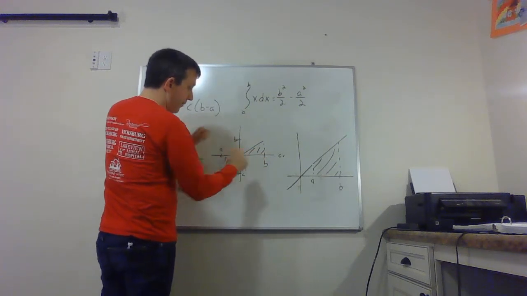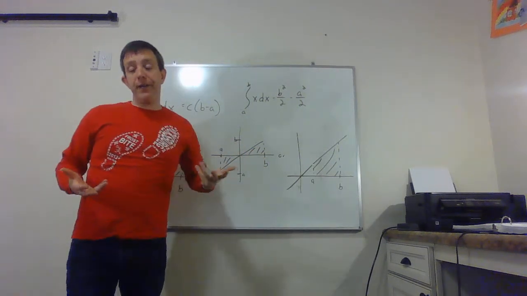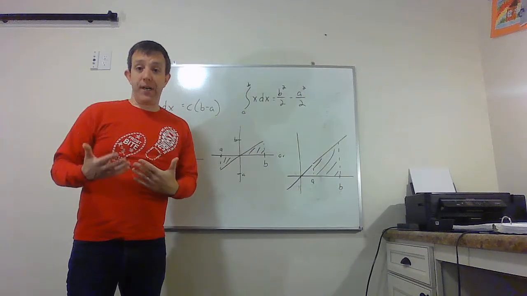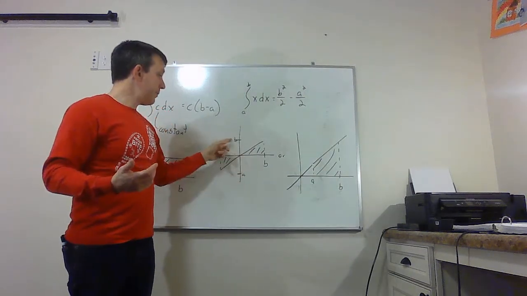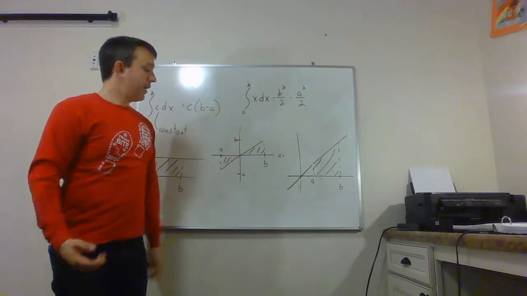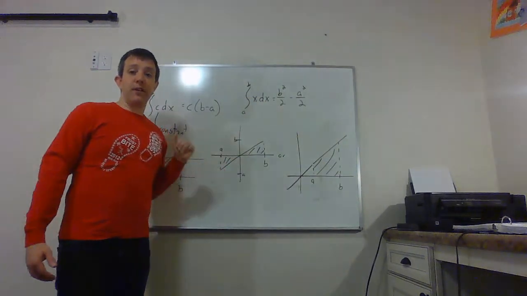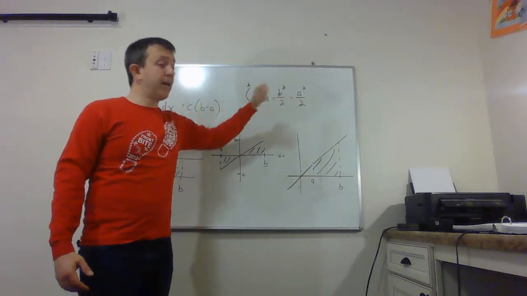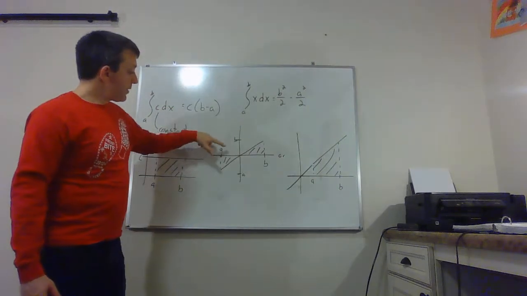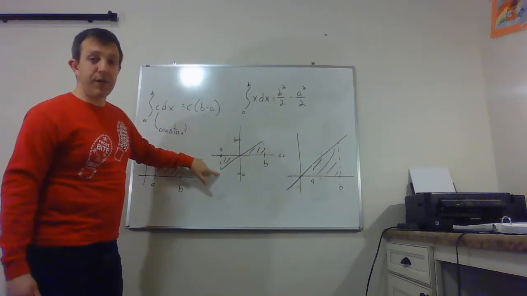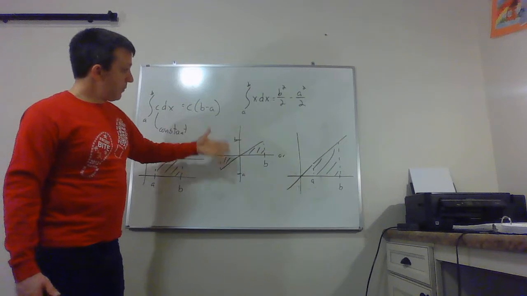So at b, it would have a value of b. And how do you find the area of a triangle? Base times height divided by 2. Well, b times b is b squared divided by 2. And then since this triangle is negative, there's my minus sign. And what is it? It's a times a, a squared, divided by 2.